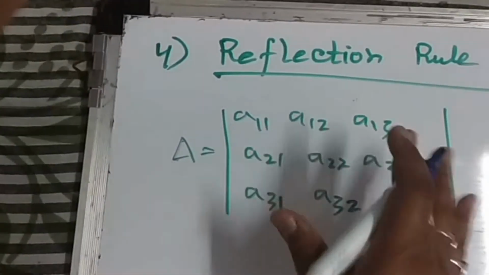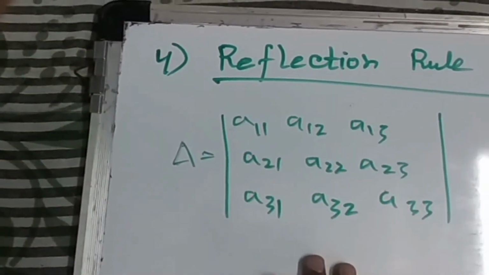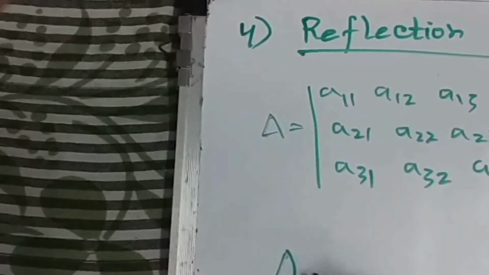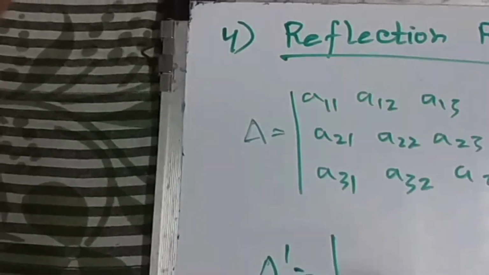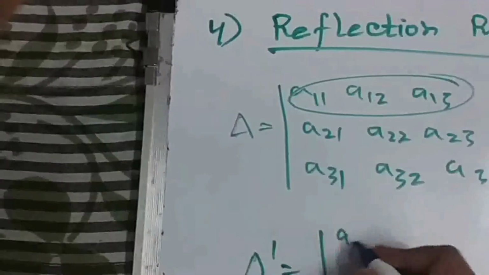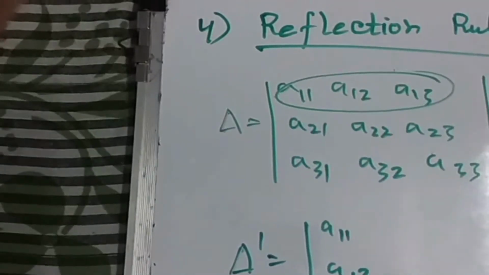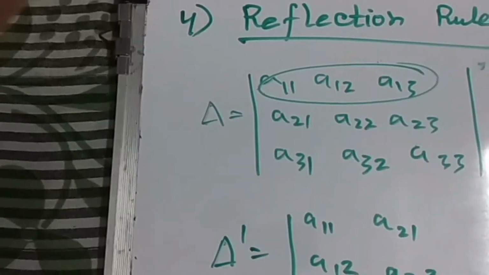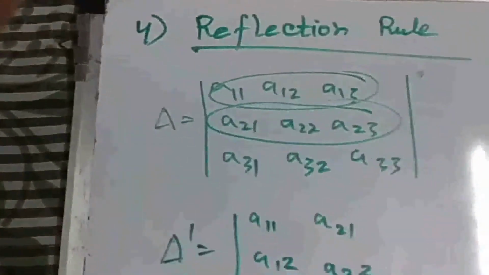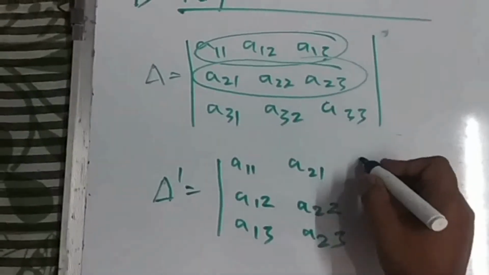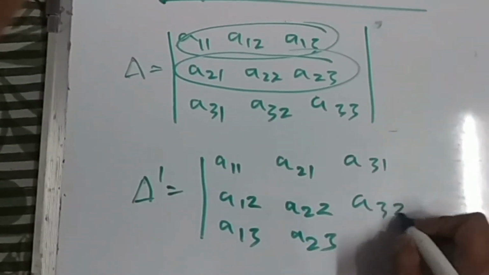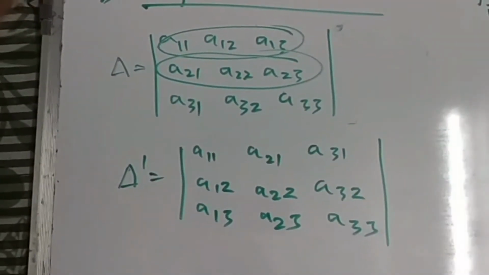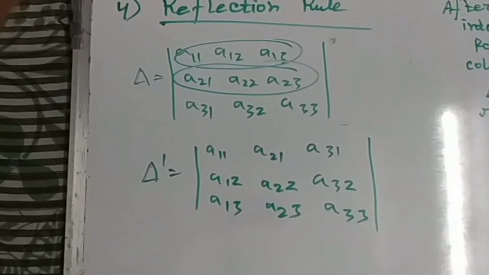Here again I am doing the same thing. I am transposing this determinant, the new determinant, suppose del dash, first row will be first column, so A11, A12, A13, A21, A22, A23. Second row has become second column, and the third row A31, A32 and A33, that has become third column. See it here clearly. First row, first column, second row, second column, third row, third column.